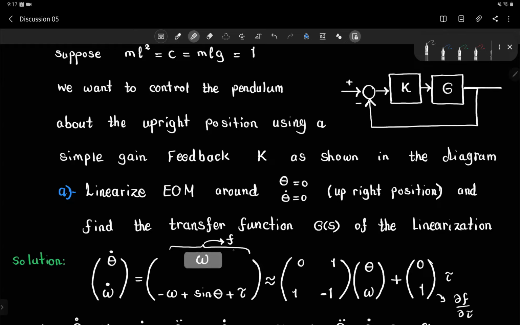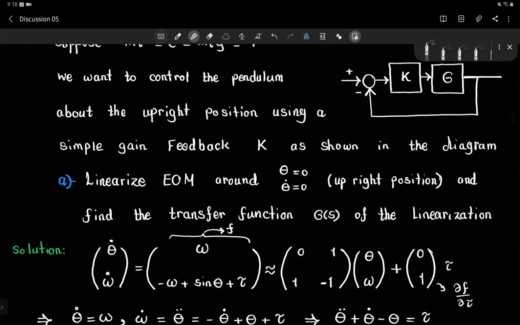So partial omega by partial tau, that's just going to be equal to 0. Then partial this by partial tau is going to be equal to 1. And that multiplies tau. Okay. Any questions?